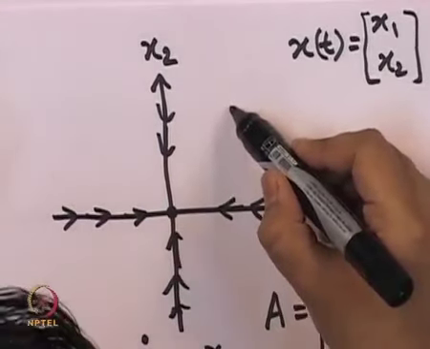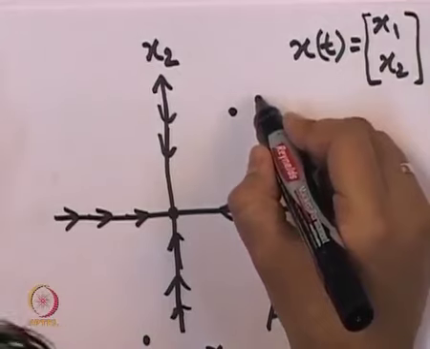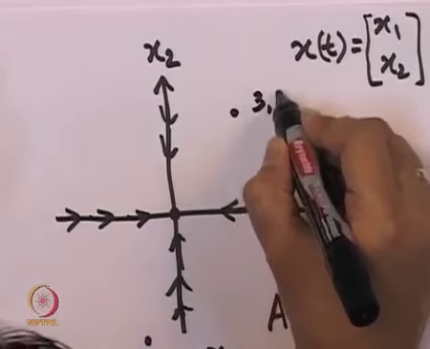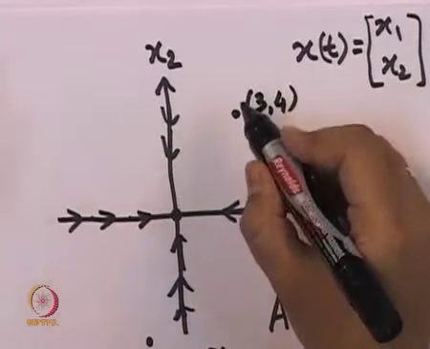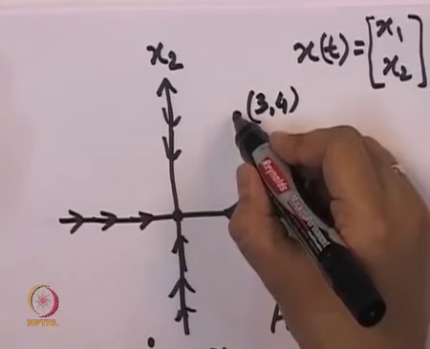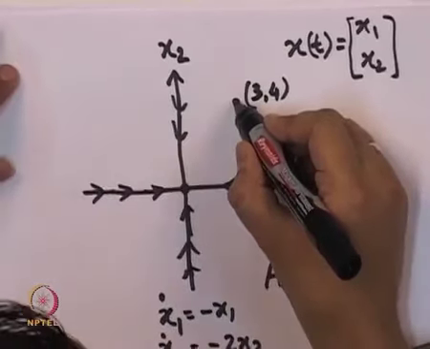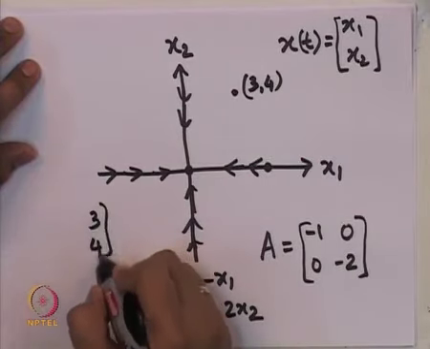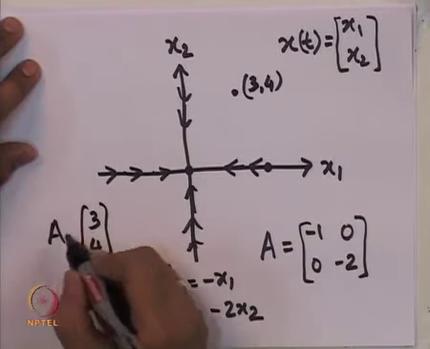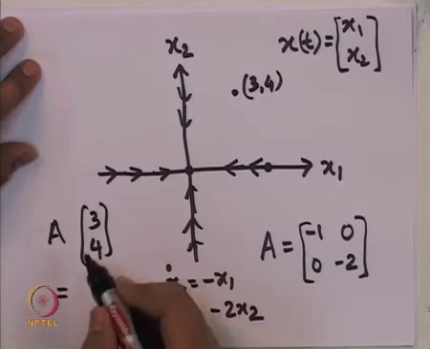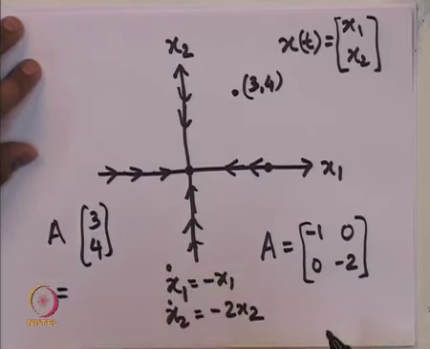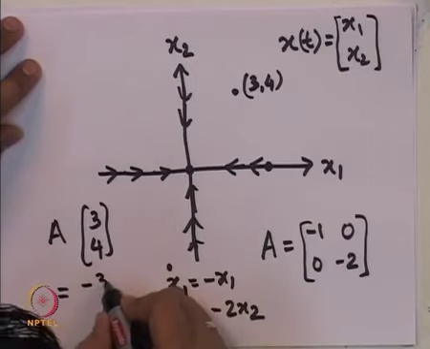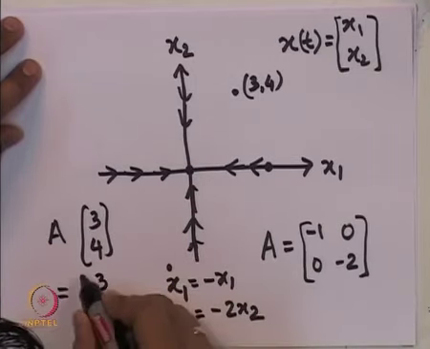And if we take a general point, suppose we take the point 3, 4, how do we determine the arrow at this point? So, we take the vector 3, 4 and make matrix A act on it. When we make matrix A act on the 3, 4 vector, we get exactly minus 3, minus 8.